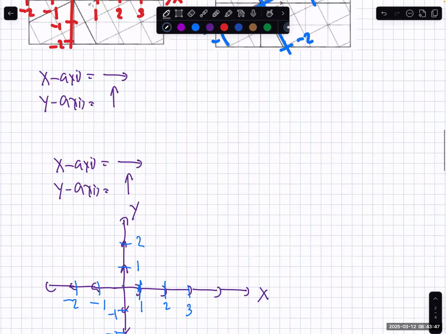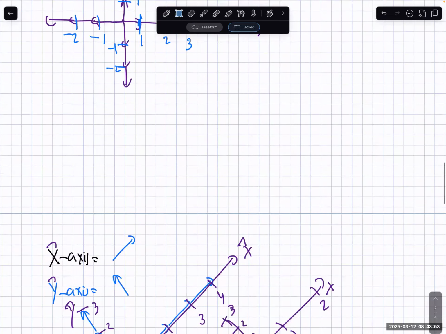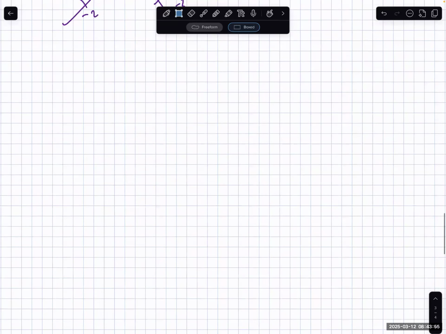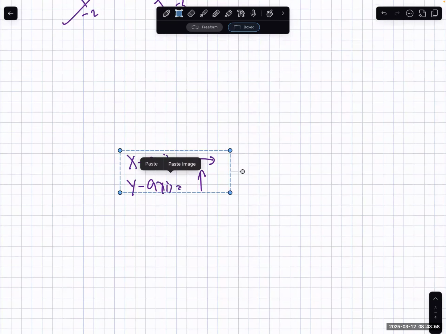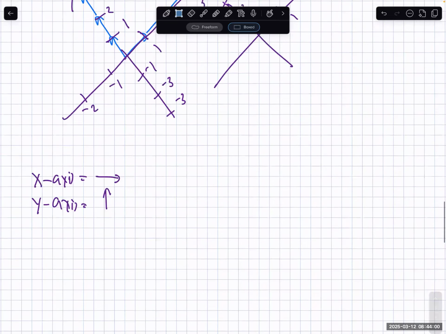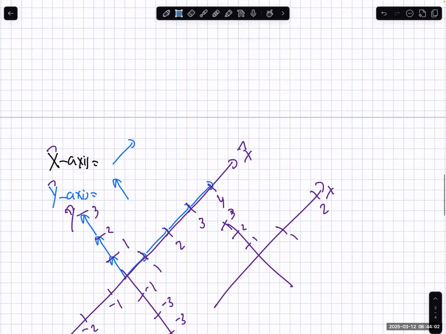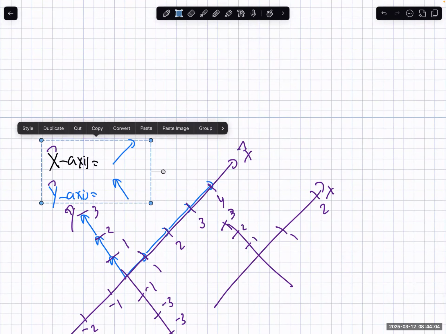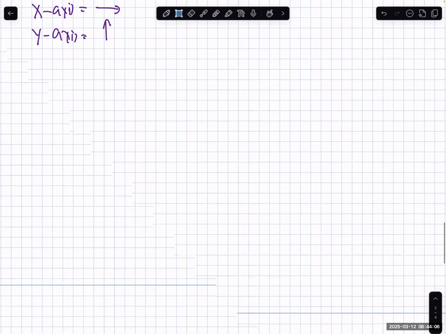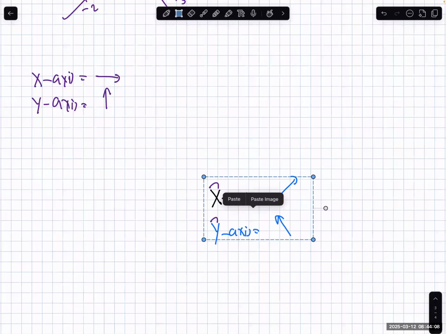Okay, but remember, we said officially vectors are arrows, but it's going to be much easier to represent them with coordinates.